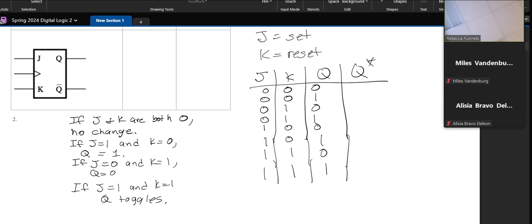So for these first two, J and K are both 0. So when J and K are both 0, we have no change, so Q star is the same as Q. If K is 1 and J is 0, like we have in our next two, then Q equals 0.